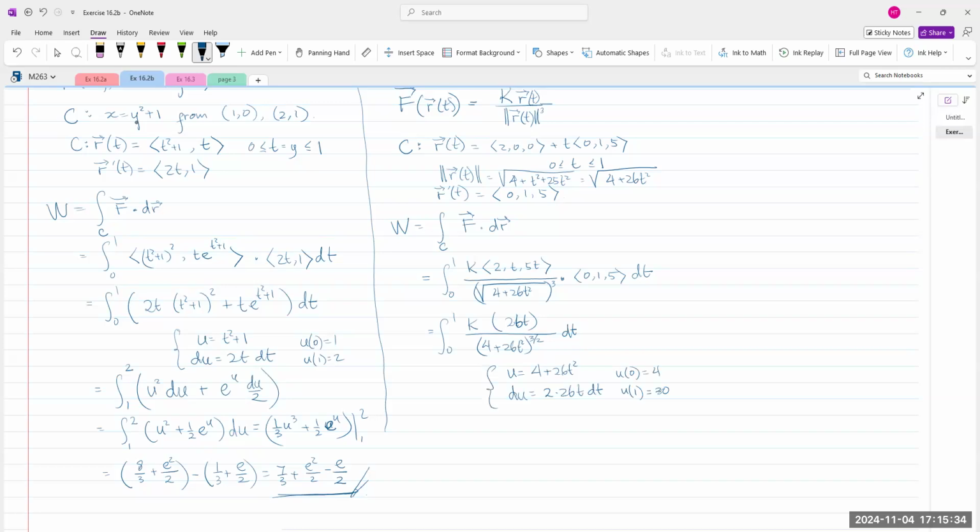Now the integral becomes, remember when you do substitution on the definite integral, you need to change the limit of integration at the same time. So this is u to the power of 3 half, and then I will grab this guy together, call this du over 2.